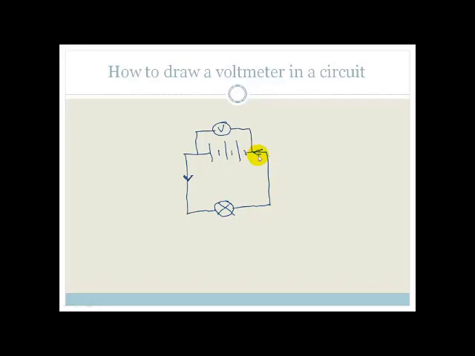Or if I want to find out how much work is done per unit charge to get the charges through this little light bulb, I would put a voltmeter in parallel with that light bulb. That would measure the voltage or potential difference across the light bulb. So you always put voltmeters in parallel with the circuit.